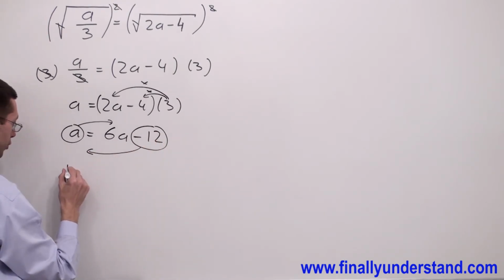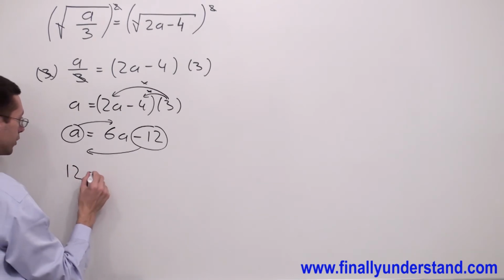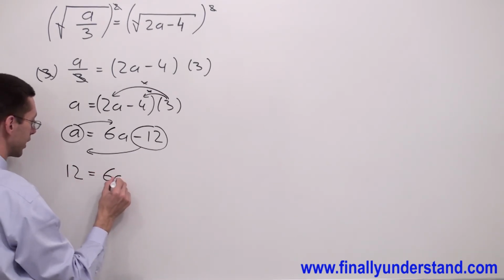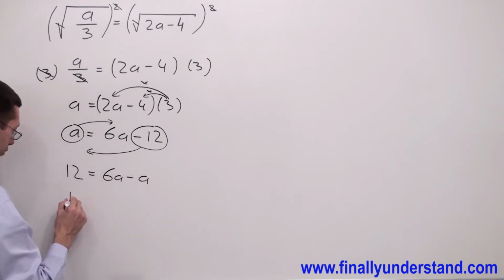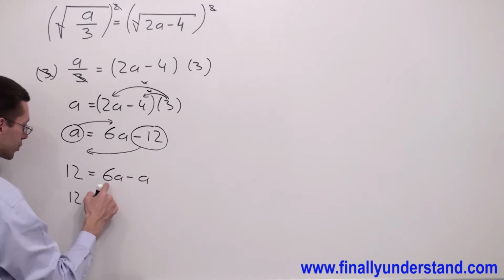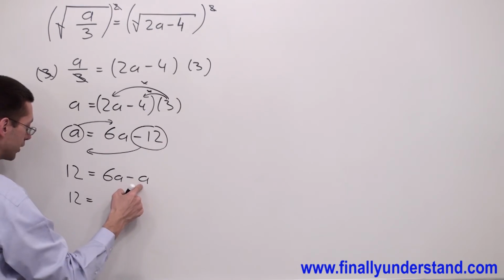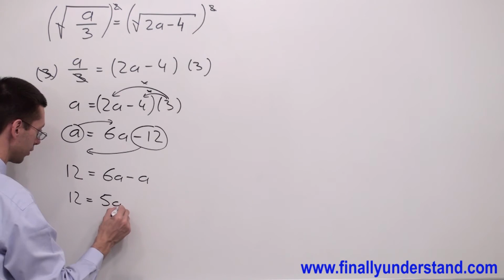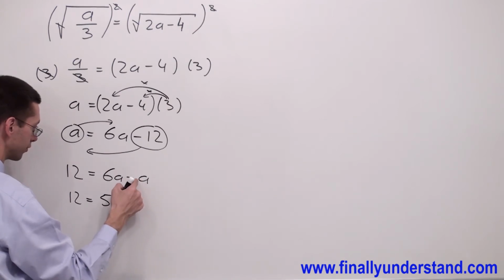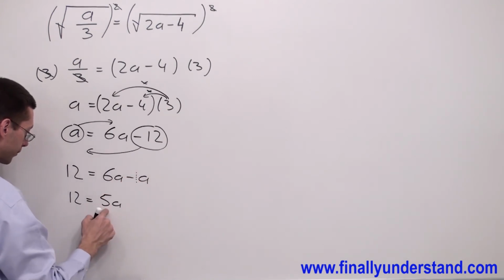I'm going to end up with 12 equals 6a minus a. I have 12 equals 6 minus 1 is 5a. Remember, anytime there is no number in front of the variable, there is always an invisible 1. 6 minus 1 is equal to 5.